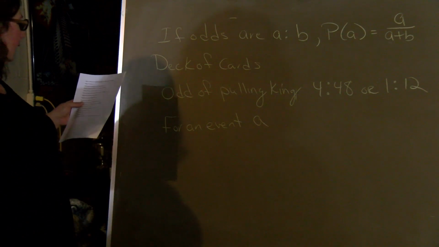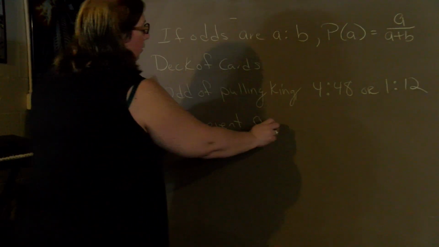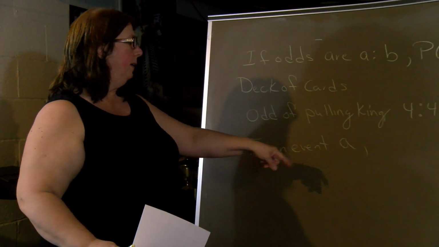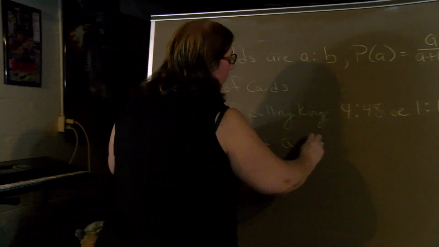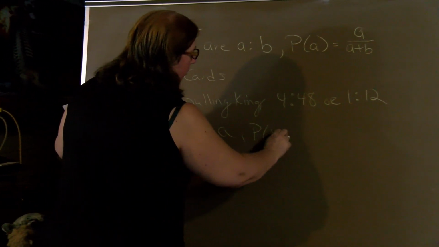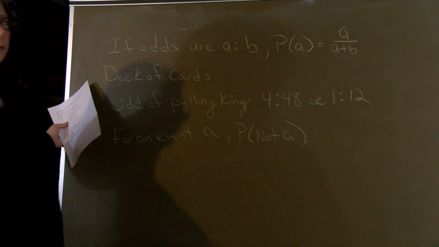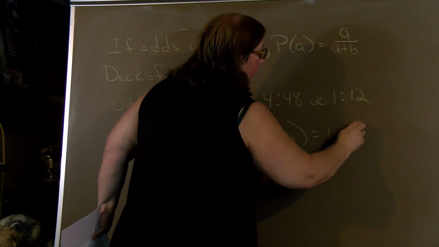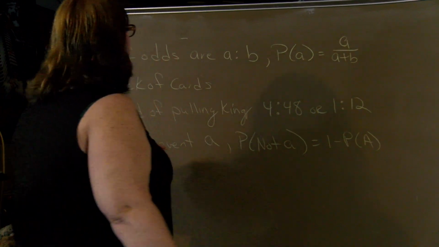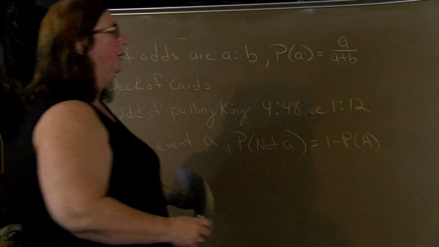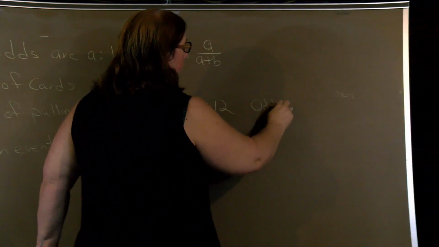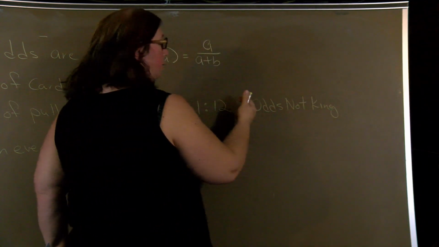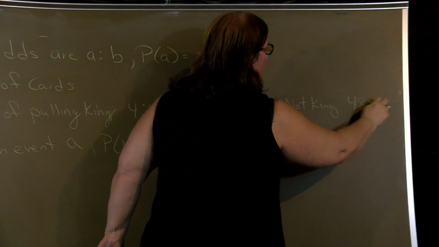If we have an event A, we've talked about not pulling certain cards. For an event A, when you're talking about probability, when it's not A, it's 1 minus the probability of A. So when we talk about the odds of not pulling a king, we just flip them, 48 to 4.